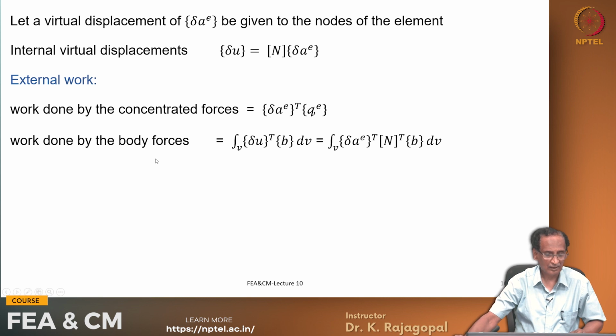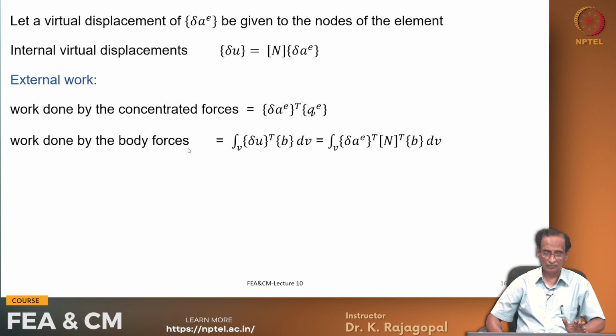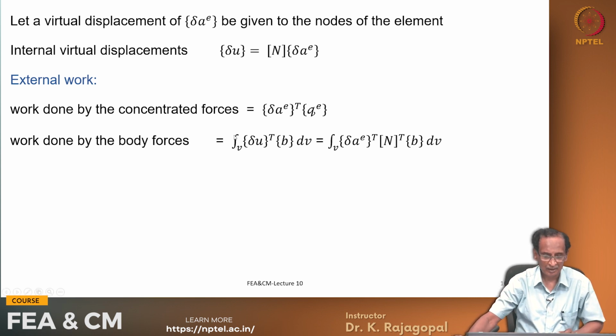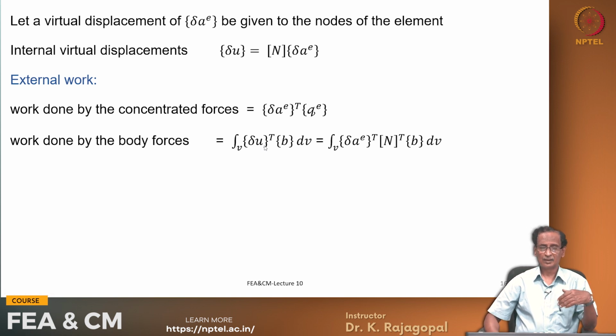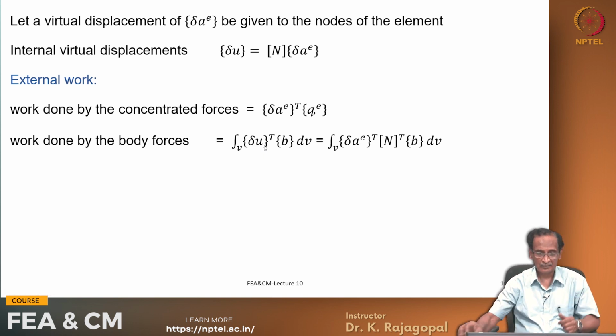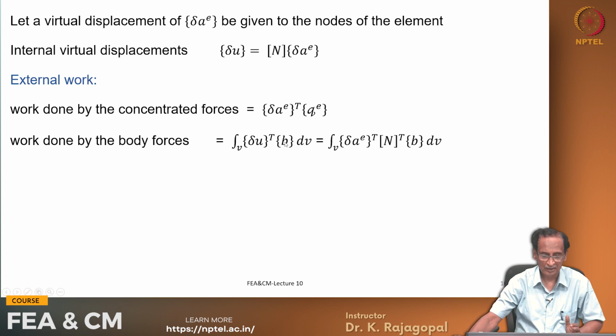and then work done by the body forces, our body force is acting over the entire volume. So, it should be integrated over the volume, delta U transpose B, where delta U is our internal displacements Ux and Uy, transpose times B, that is Bx and By, and integrated over the entire volume, and our delta U is N times delta AE, right.